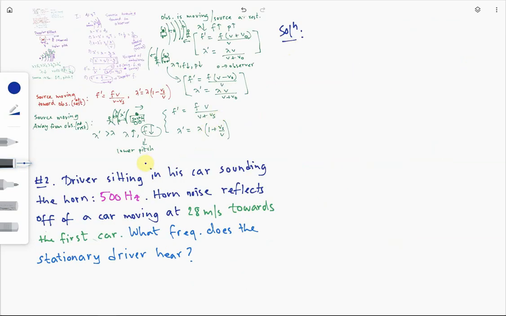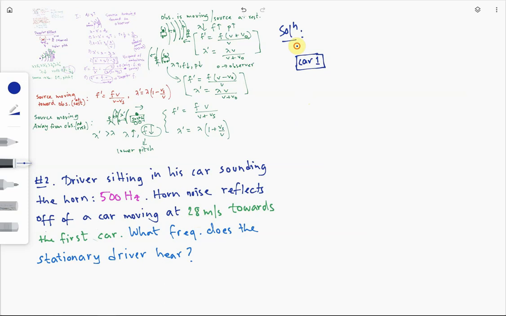Let's check out this example where we have a driver sitting in his car, sounding the horn, and the horn has a frequency of 500 hertz. Now the horn noise reflects off of a car moving at 28 meters per second towards the first car. So let's picture it here. We have the first car, let's call this car 1.